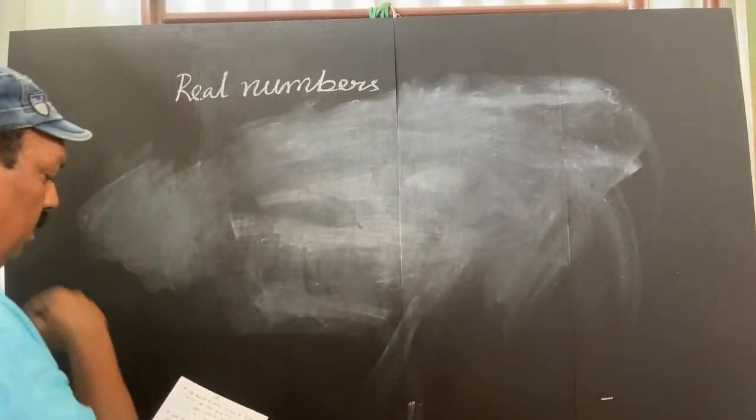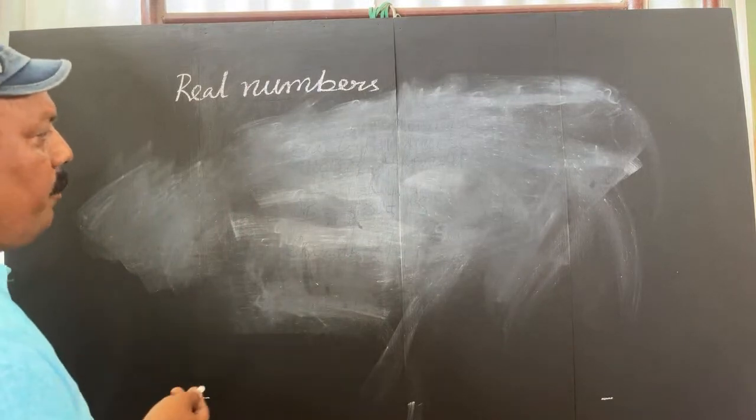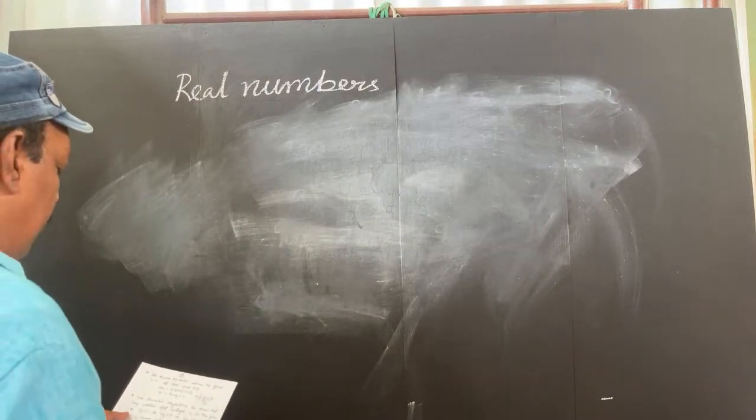Now we go for certain sums depending upon this same formula, Euclid division lemma.